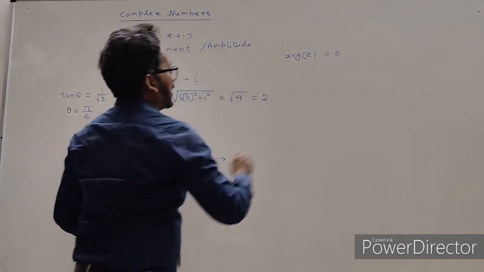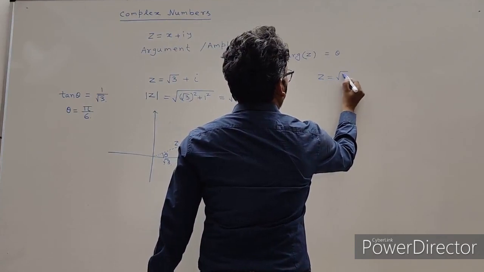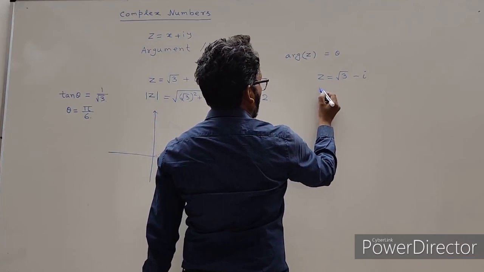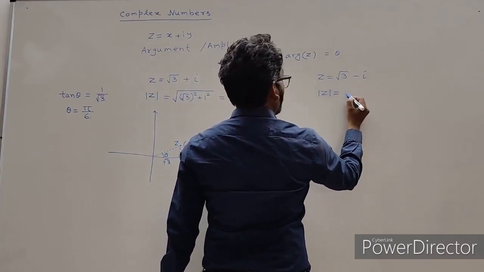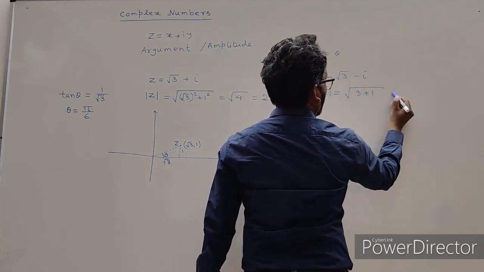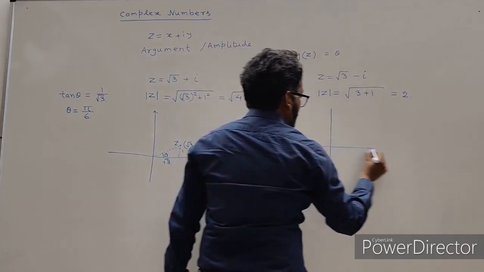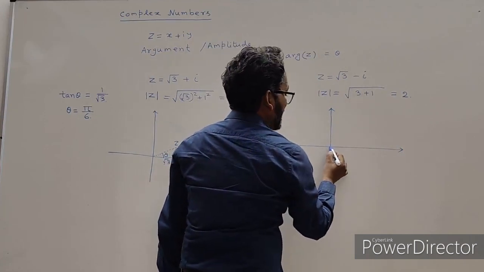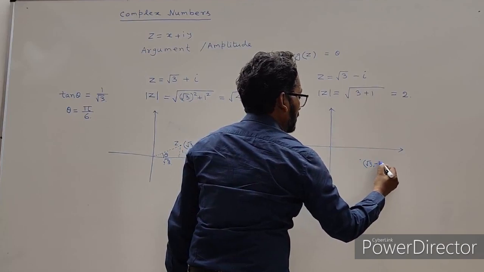Now let's see if I have z equal to root 3 minus i, at that time what is happening? Modulus of z will remain the same, square root of 3 plus 1. But now in this case, z is in the fourth quadrant, root 3 comma minus 1.